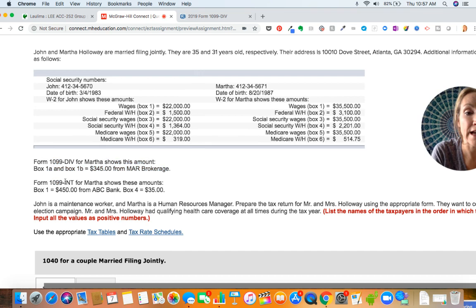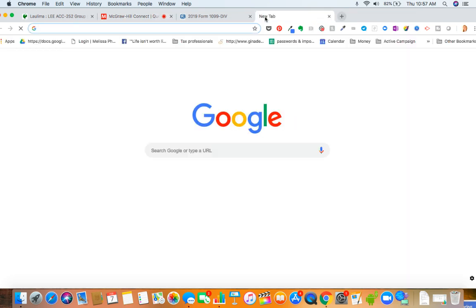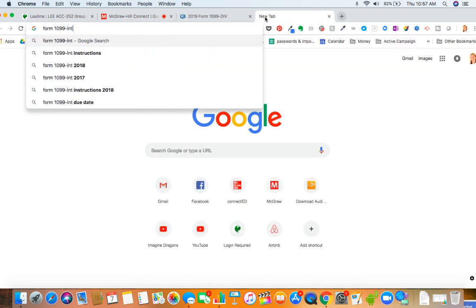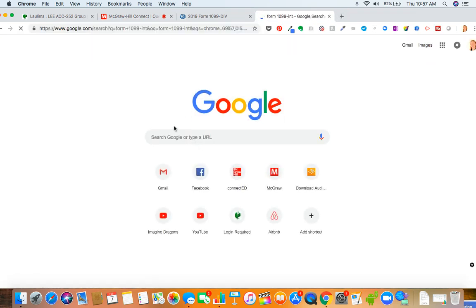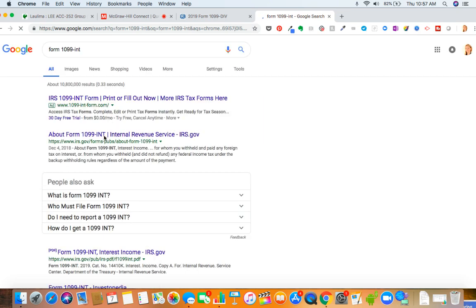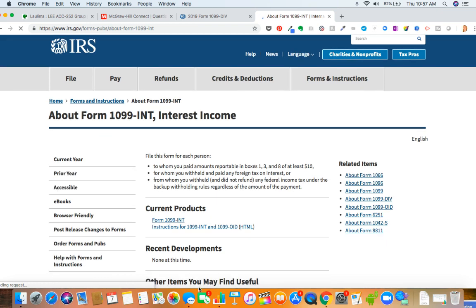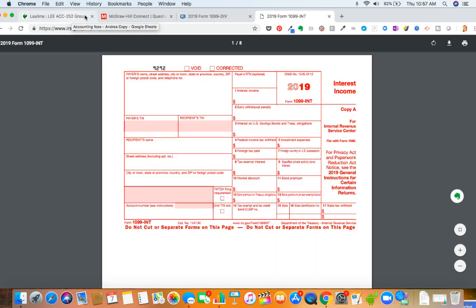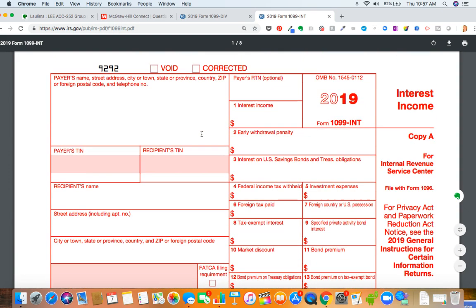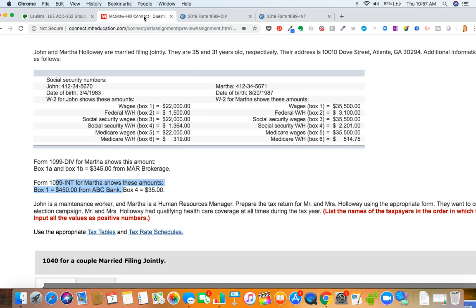And then 1099-INT shows these amounts. Box 1, 450 and box 4, 35. So Form 1099-INT. Box 1 is interest income, and box 4 is federal income tax withheld.